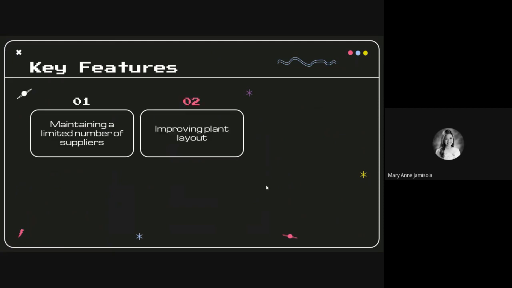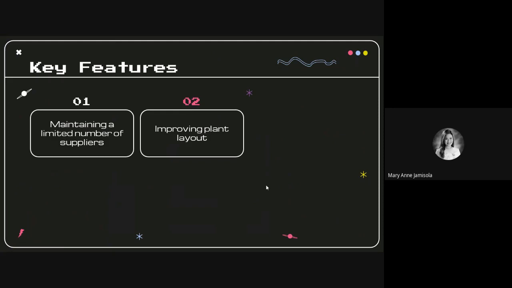Second key feature is the improvement of the plant layout. Manufacturing flow lines in the company's plant must be improved. In a JIT production system, all machines needed to make a particular product are often brought together in one location. So, this is what we call the focused factory approach, so that partially completed units are not shifted from place to place all over the factory.